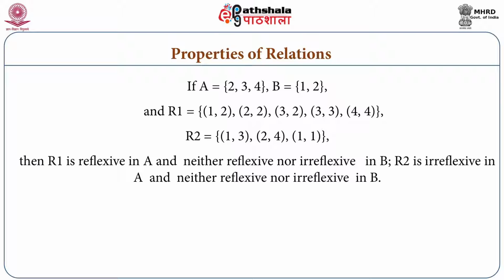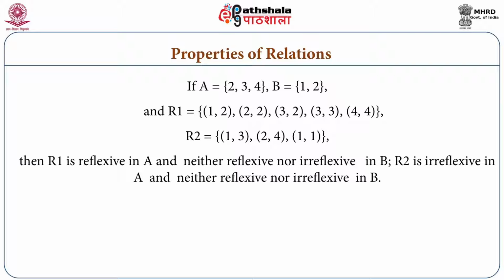Another relation, let us say relation 2, then we have 1, 3, 2, 4 and 1, 1. The question can be raised, is relation 1 R1 reflexive in A? Let us look whether it satisfies the condition, whether R1 is reflexive. What is the definition?